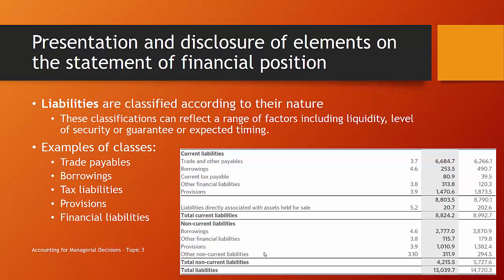So Woolworths have about $13 billion in liabilities. They've got 5 current, they've got 4 non-current, they've got payables, they've got borrowings, they've got tax payable, and they've got other financial liabilities. Trade payables is their biggest one. They've got $6.5 billion in trade payables, so it's about half of their liabilities is to their suppliers.